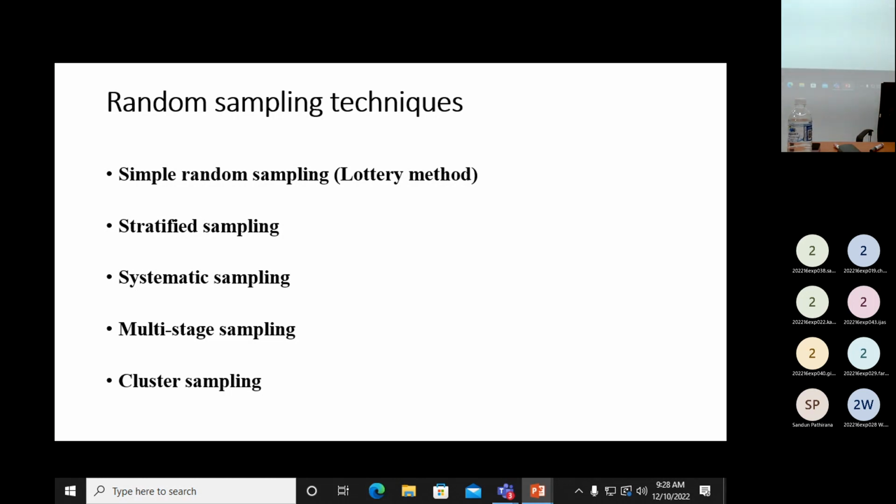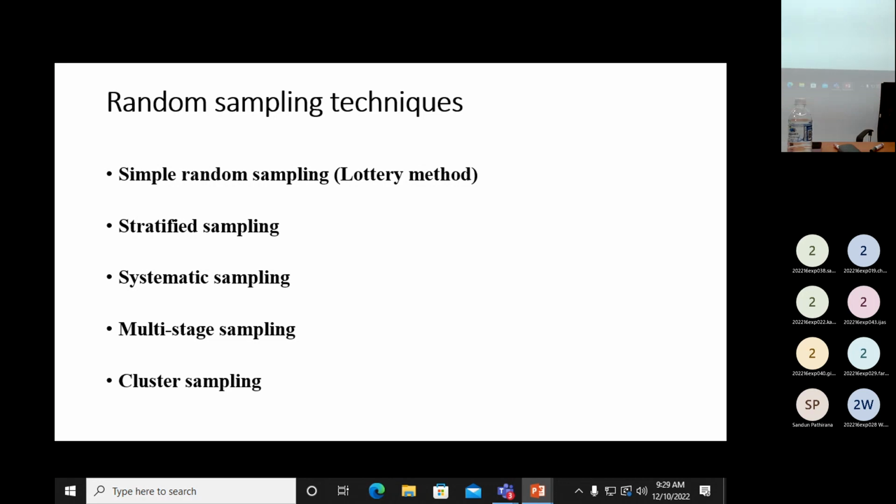Again, a disadvantage is there. Therefore, the sample frame should be considered. You have to pay attention. First one, we need to pay attention to the sample frame, because 30 male employees should be there, 20 female employees should be there. Otherwise, you can't satisfy the sample frame. All the numbers should be there.